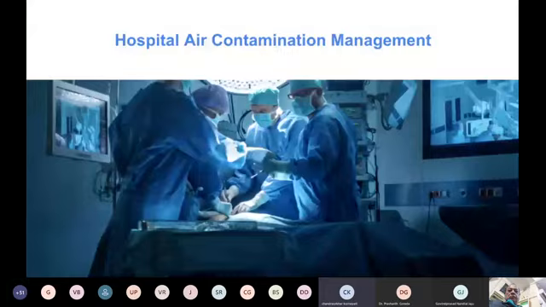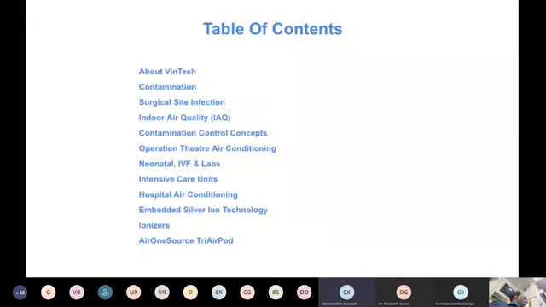Mr. Mohan. Good evening, everyone. My name is Mohan. I am the director in this combined venture of Wintech and Air One Source. Today I have my colleague, Mr. Ramesh, who is a veteran of everything about air. We will take you through various aspects of contamination, surgical site infection, indoor air quality, and allied areas, especially contamination control concepts in today's scenario.